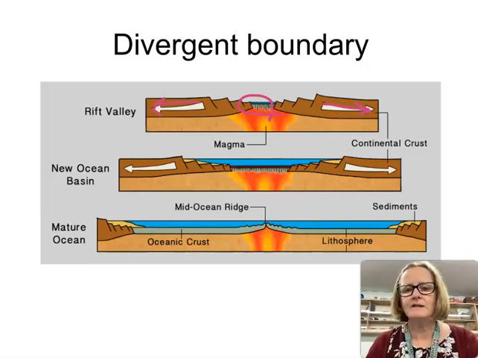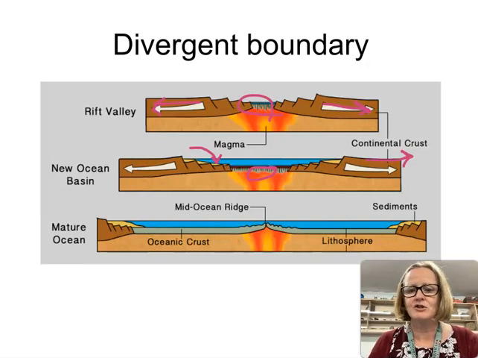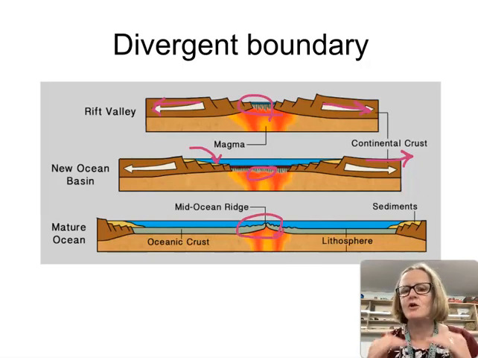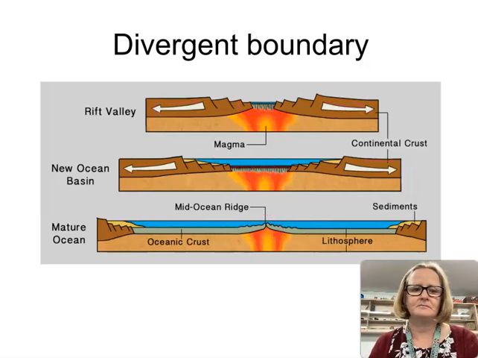Then as that widens, oceans can come in and fill in the gap, and we're getting new rock still forming in the center here, and the continents are still drifting apart from each other. Eventually you'll get formations like the mid-ocean ridge, where you get a very low-level mountain range, very low-level volcanic activity, but brand new igneous rock forming as these continents move apart.